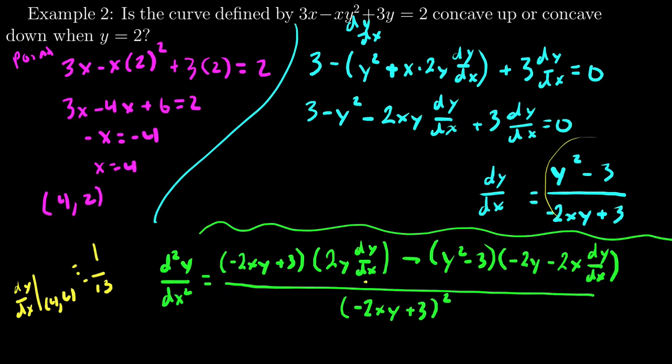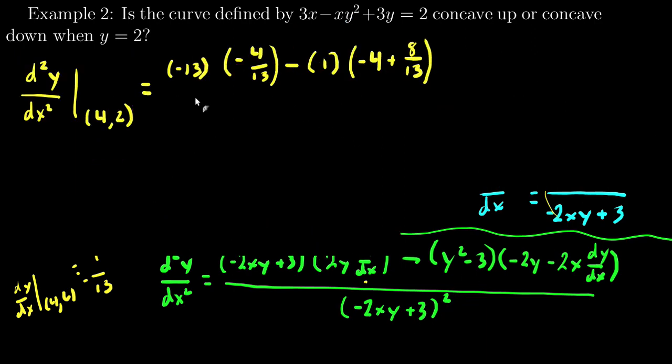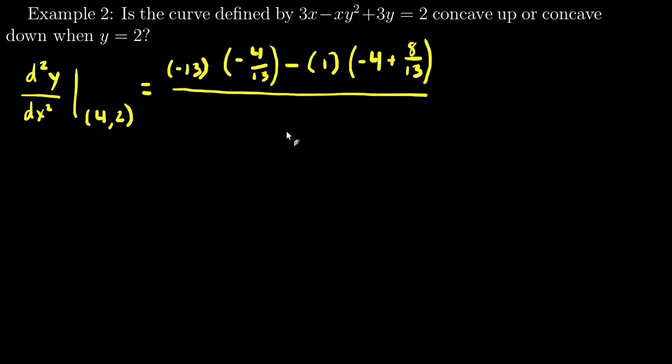Okay. And when I put this into the denominator, negative 2 times 4 is negative 8, times 2 is negative 16, plus 3 is negative 13, squared is 169. And now I just need to figure this out. So in here, well, this is nice.